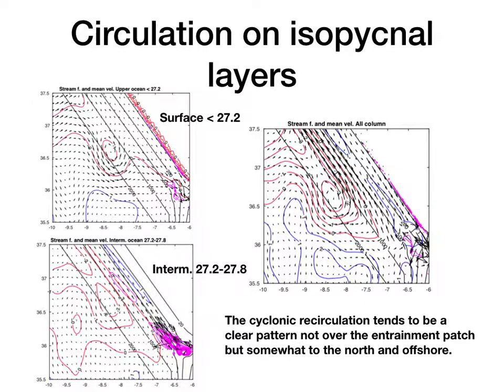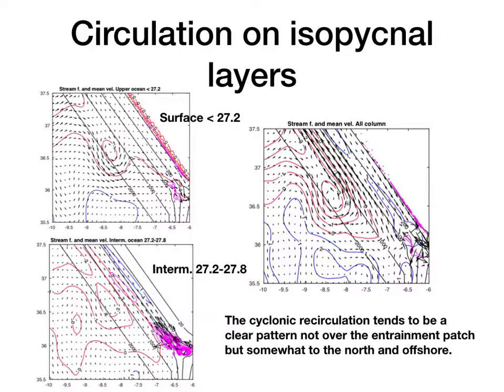Okay, if we look at the circulation on isopycnal levels, what we do here is we not only average in time, but we also average in the vertical in different layers. The lines correspond to the stream function of the average flow on each layer, and the vectors are just the mean velocity on that layer.